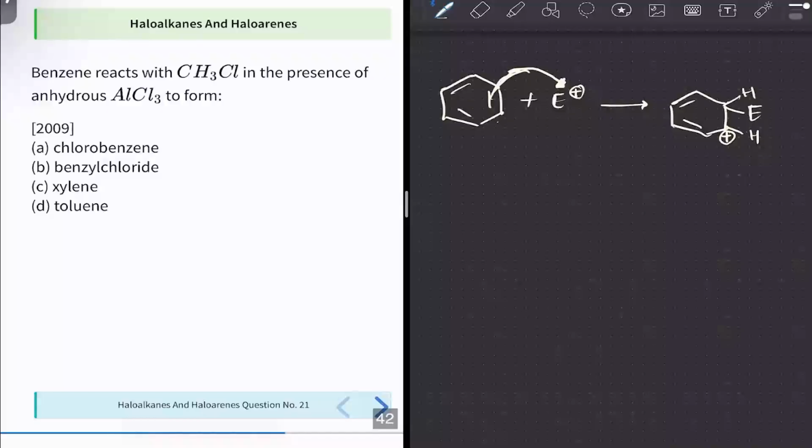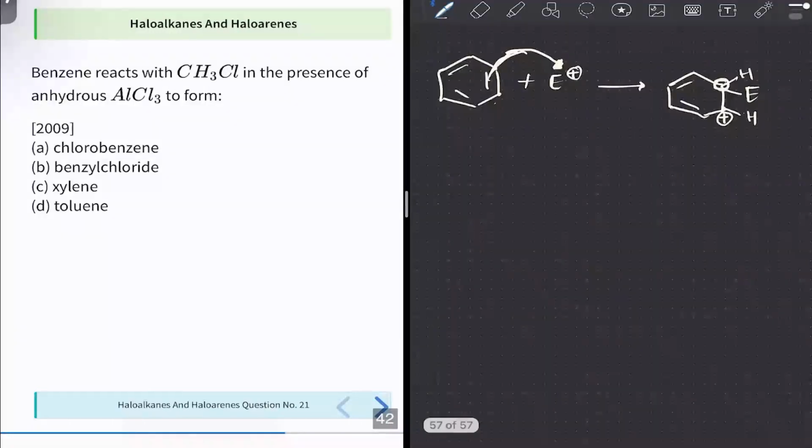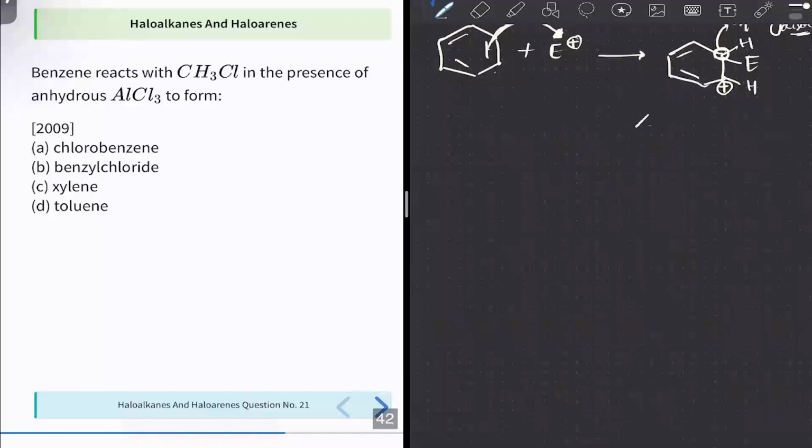Got it? This carbon is converted from sp2 to sp3 hybridized, and this is called a sigma complex.